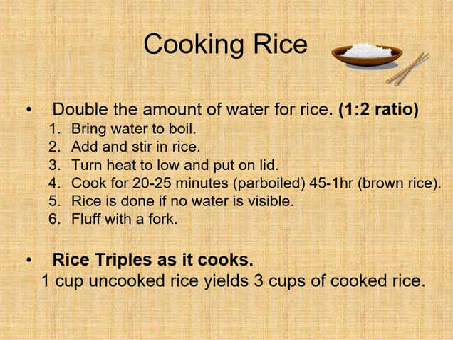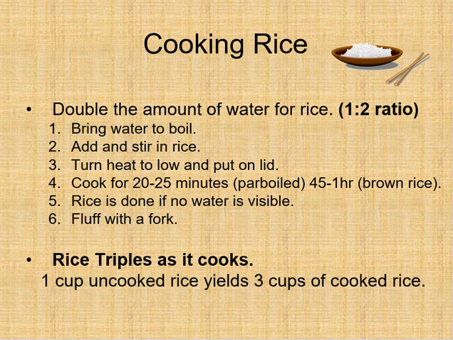The directions to cook this would be: bring water to a boil, add and stir in rice, turn heat to low, put lid on, and cook for 20-25 minutes, depending on what you're making, up to an hour if it's brown rice. When there's no more water visible, the rice is done. Fluff with a fork. That's very, very general terms of cooking rice.